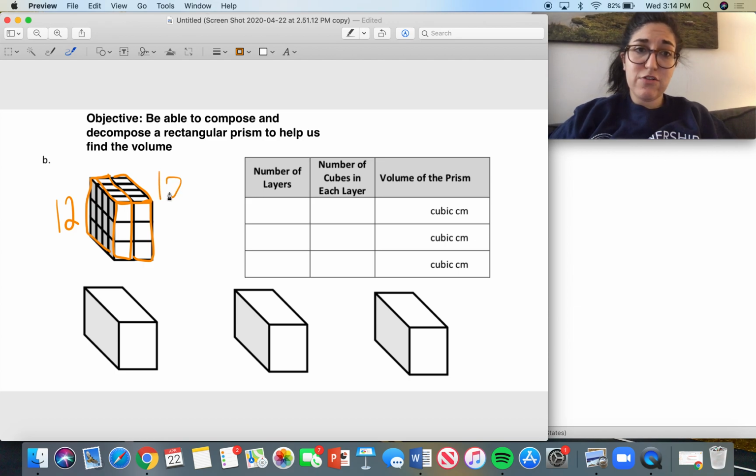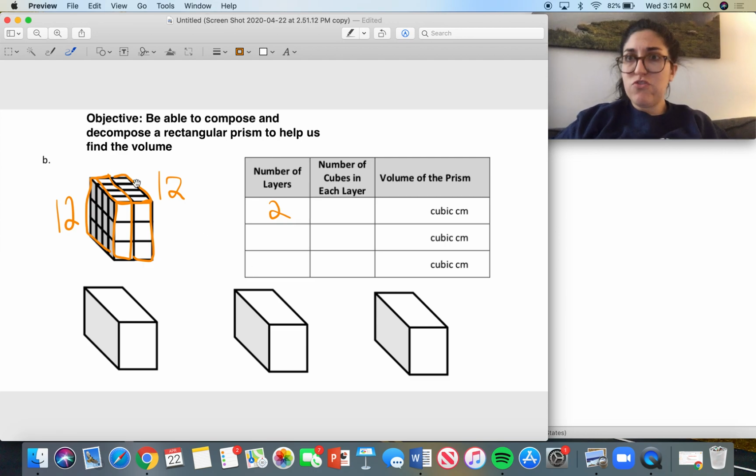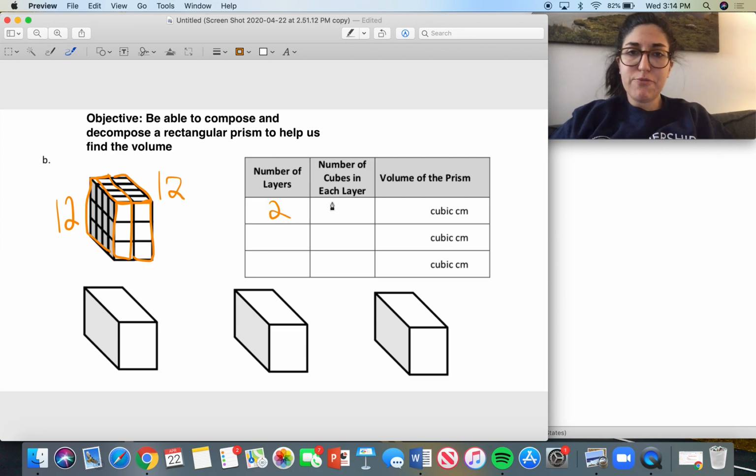So how many layers do I have? I have 2 layers, 1 and 2. How many cubes are in each layer? That's just how many cubes per layer. There's 12 per layer. And if I multiply this, 12 times 2 is 24.